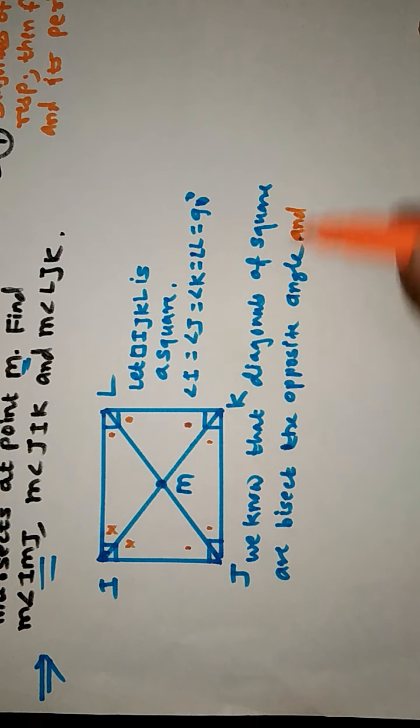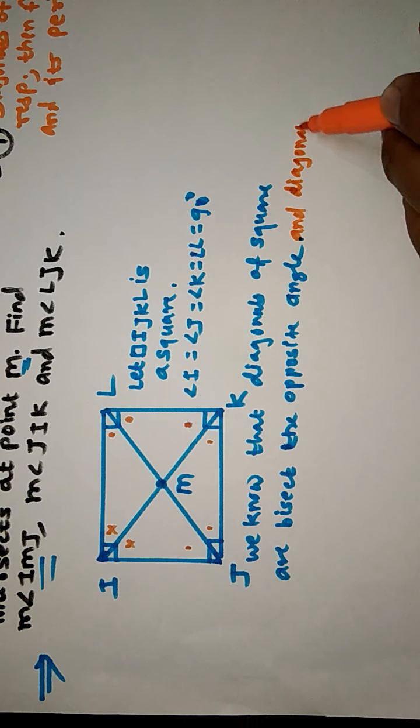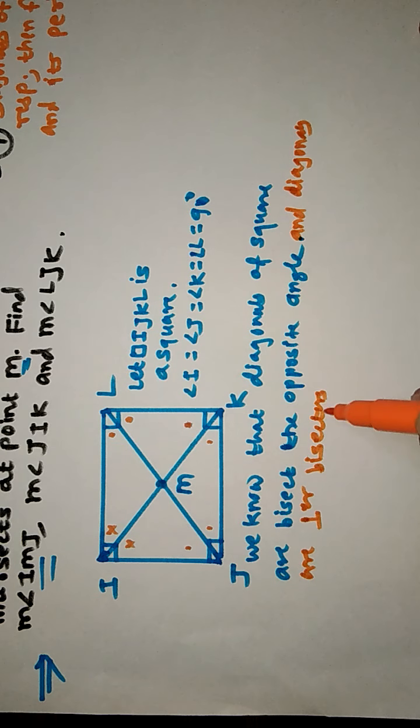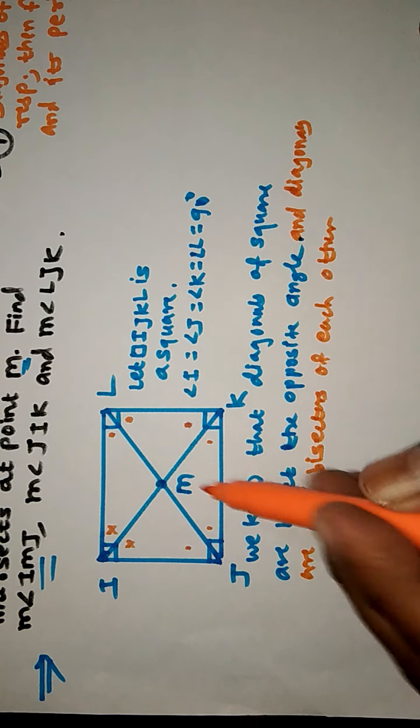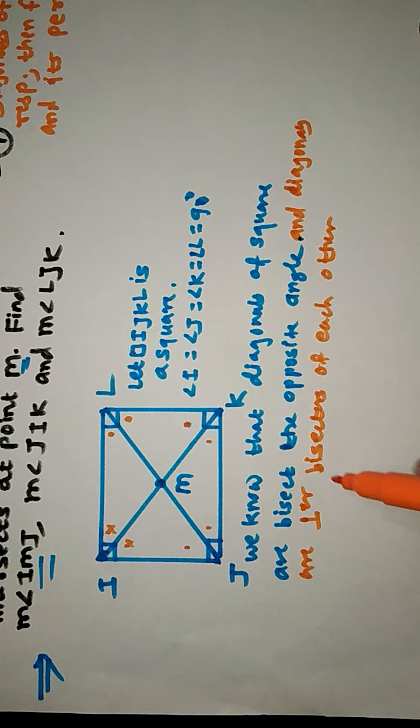Also remember that diagonals are perpendicular bisectors of each other. Then what is the measure of IMJ? It is 90 degrees. Therefore, angle IMJ is equal to 90 degrees.